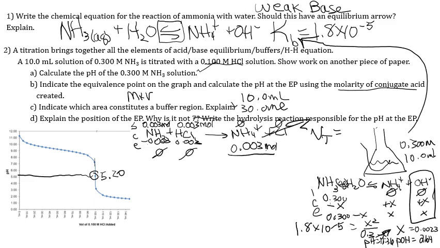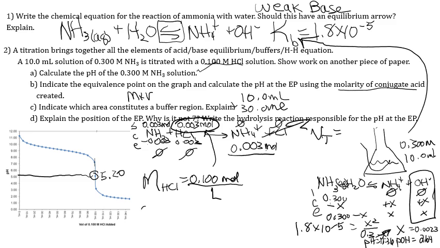I can take the moles of HCl. I know the molarity of HCl is 0.100 moles per liter. That's the molarity. And I want to know how many liters do I need to deliver 0.003 moles.